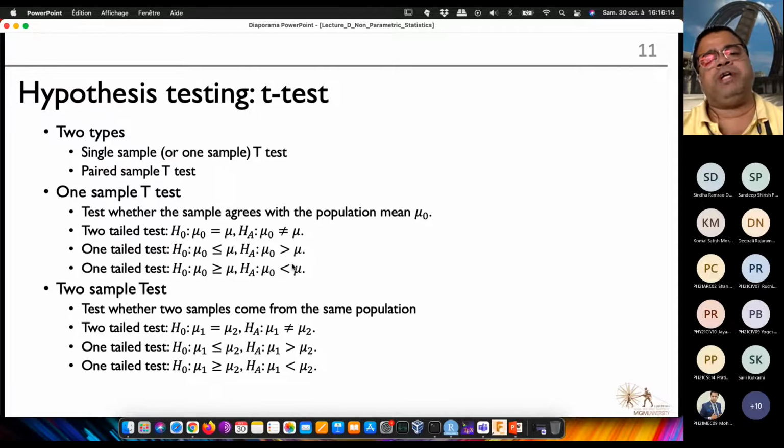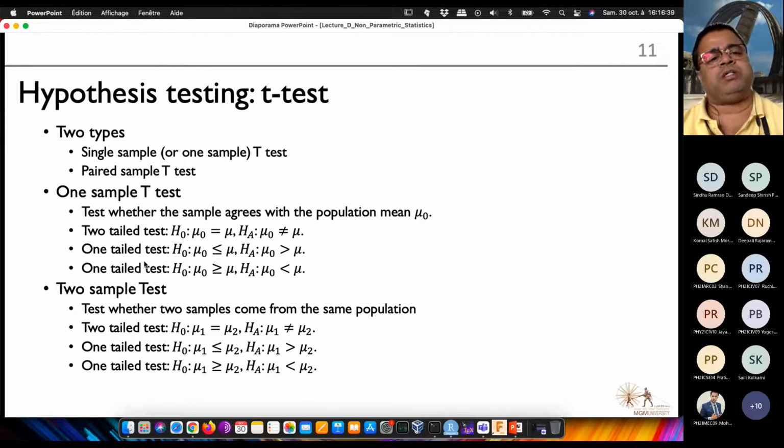If I want to prove it as not equal to, it will become a two-tailed test. Is it clear? Please tell me if it is clear or not.